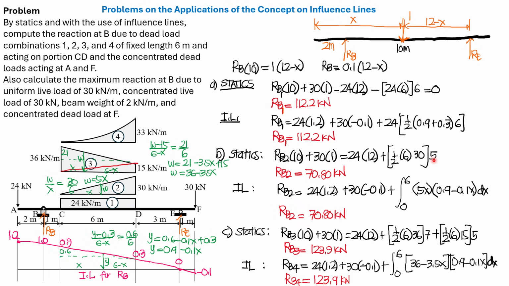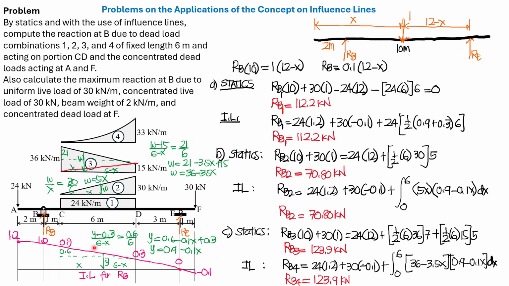So moment arm is 5. So by statics, the reaction at B due to this loading and the dead loads already mentioned, we have 70.8 kilonewtons.